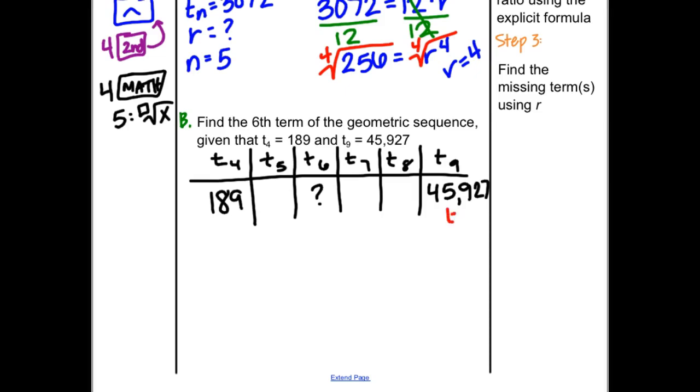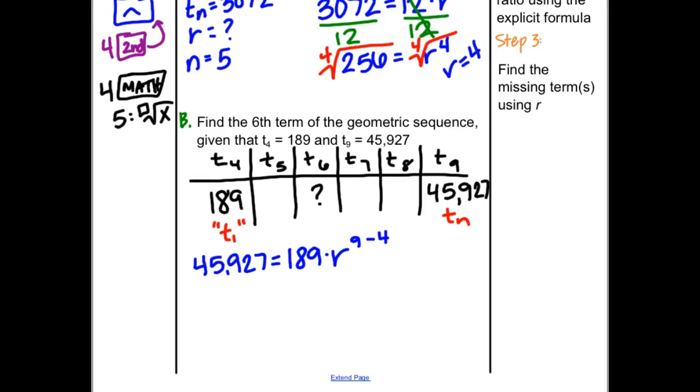We take our ending term. This is our term n. This is our pseudo term 1. So we take what we end with, our 45,927, and that equals the first term we're given, 189, times r that we don't know. Now, 45,927 is term 9, and 189 is term 4, so we use 9 minus 4.